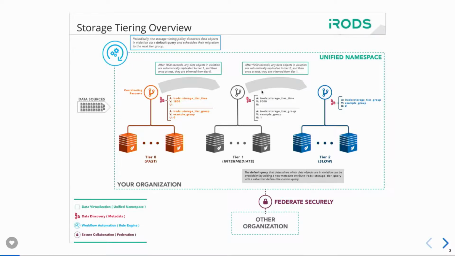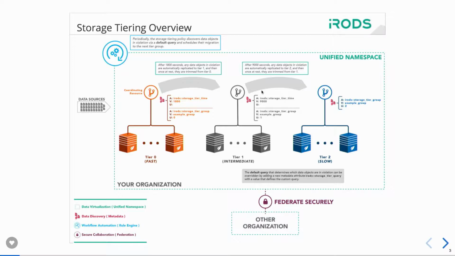So using metadata, we can tag any resource with a tier group name and then give it a position in that tier group as its unit. So the attribute says this is a tier, part of a tier group, the value is the name of that group, and the unit is the index. And then you can annotate any number of resources that you want with this metadata in order to get it to participate in that tier group.